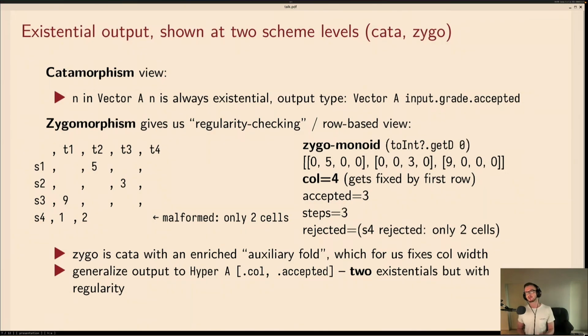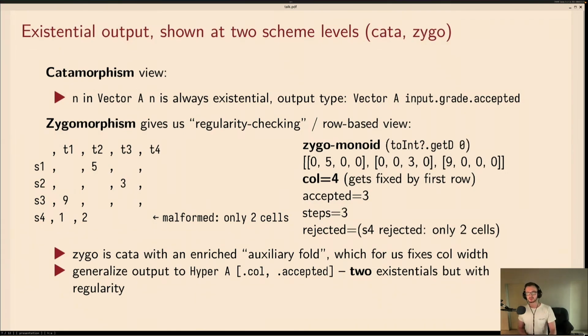So the previous example was just a catamorphism view over a flat array. There, the n in the vector a n is always existential, and the output type, as seen by Lean, is something like vector a, input grade accepted. That's what you see in the Lean LSP.